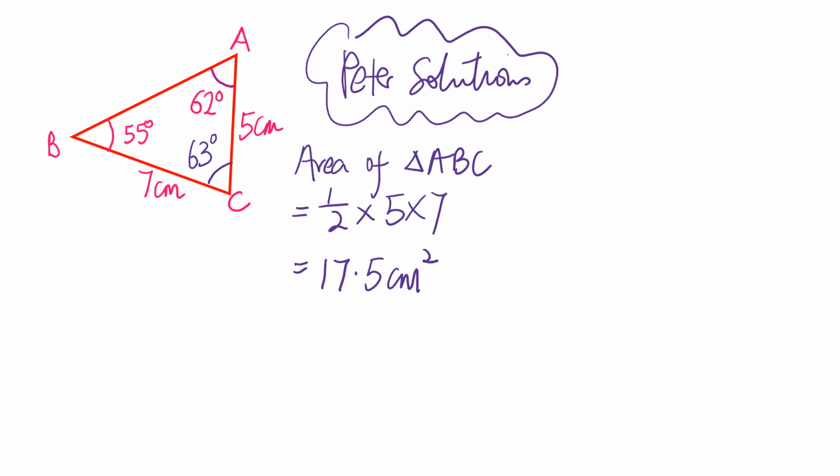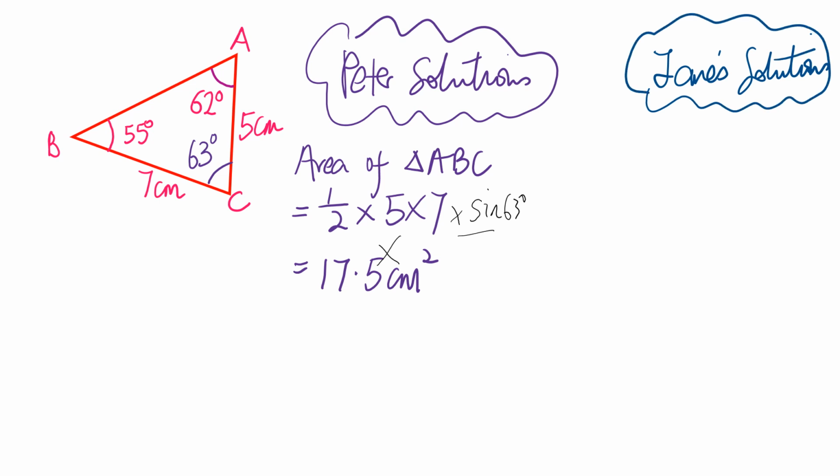Alright, so what's wrong with Peter's solution? Yes, he forgot to include times sine 63. He just used half times 5 times 7. He forgot that this is not a right angle triangle. So this is what is missing here, and therefore his answer is incorrect.